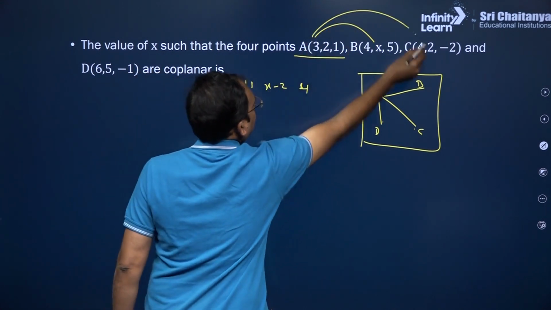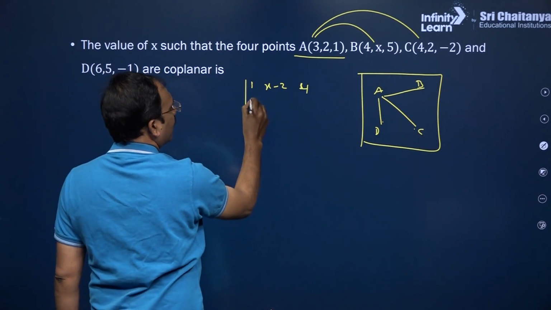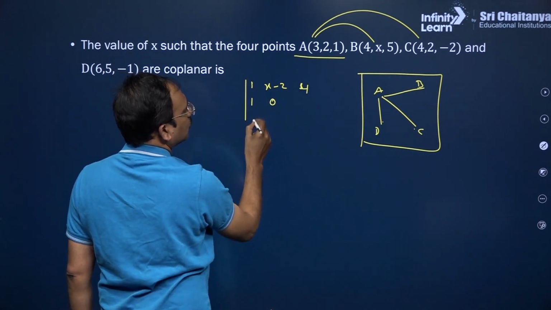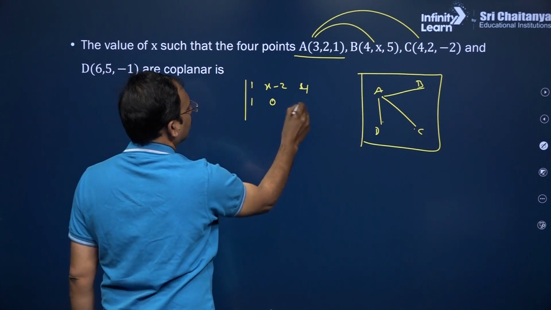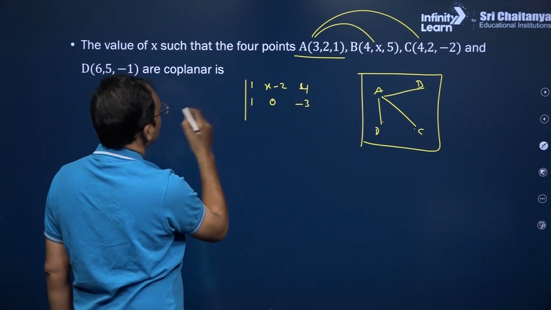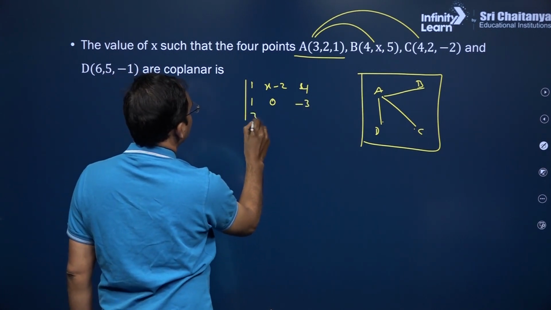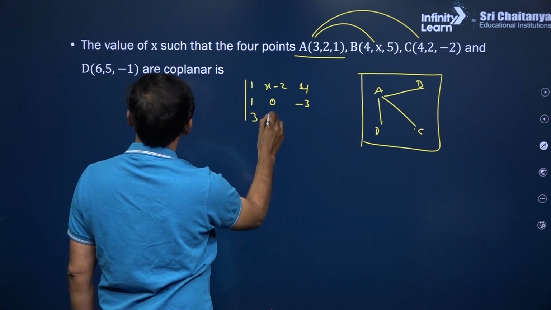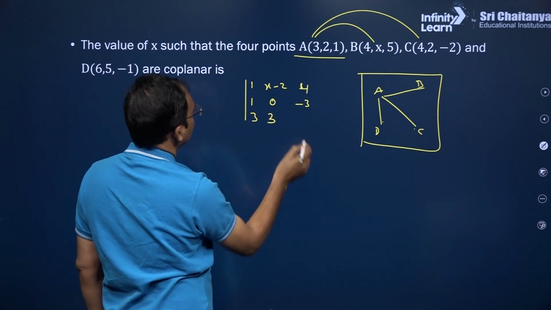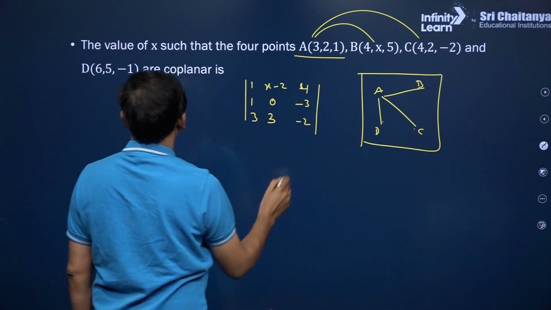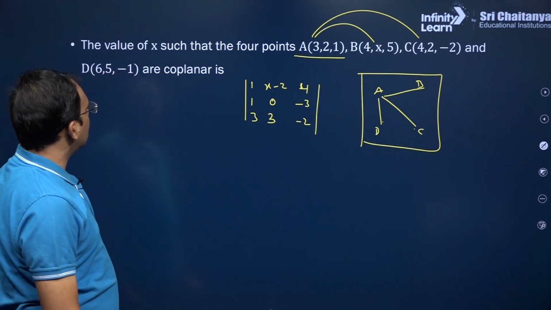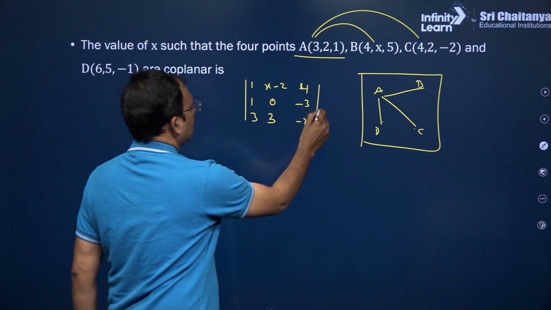Similarly AC bar: 4 minus 3 is 1, 2 minus 2 is 0, minus 2 minus 1 is minus 3. The next, AD bar: 6 minus 3 is 3, 5 minus 2 is 3, and minus 1 minus 1 is minus 2. Okay, right? Then this determinant must be equal to 0.